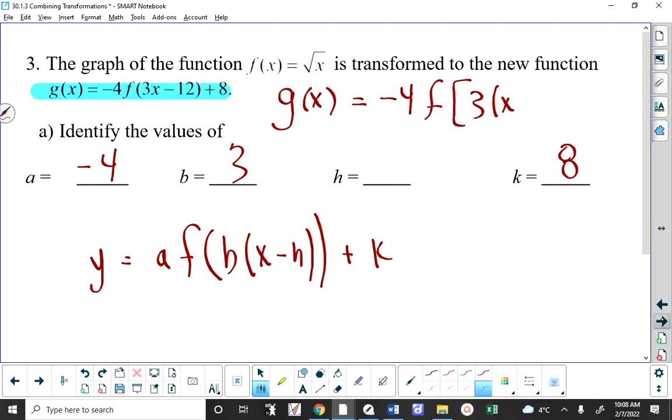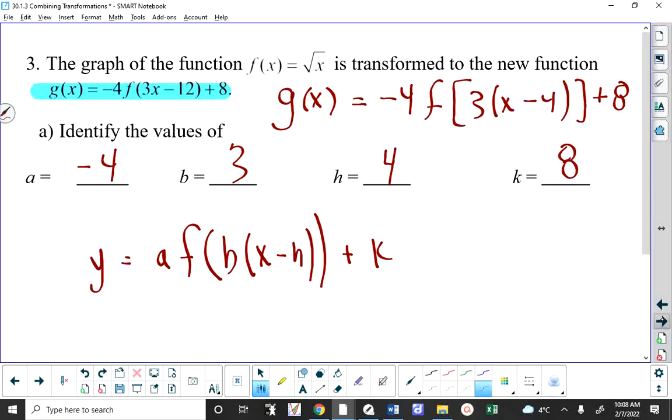When I factor 3 out of negative 12, I'm left with negative 4. So h is 4. Comparing x minus 4 to x minus h gives h is 4. And this is the thing that could cost you 15 or maybe even more percent on an exam, is not noticing that. And I could and will repeat this idea 5 more times throughout the unit, and some of you will still, unfortunately, make that mistake.